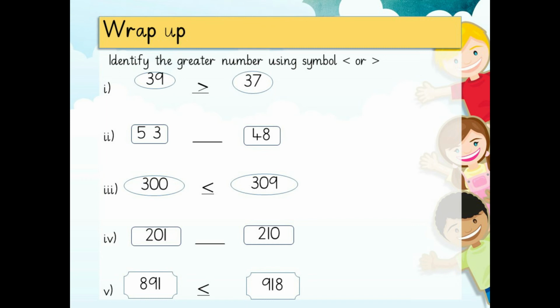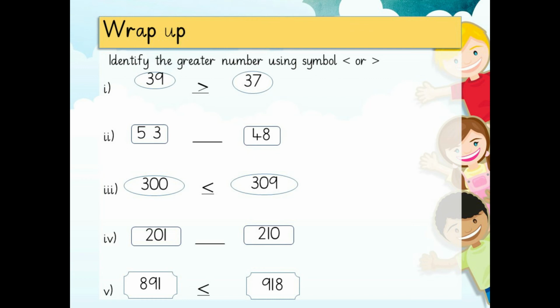So how will you place your symbol over here? Crocodile mouth always opens towards the greater number. Yes, towards 39. Moving onwards towards the next set of numbers, 53 and 48. Take your time and try to solve it yourself.